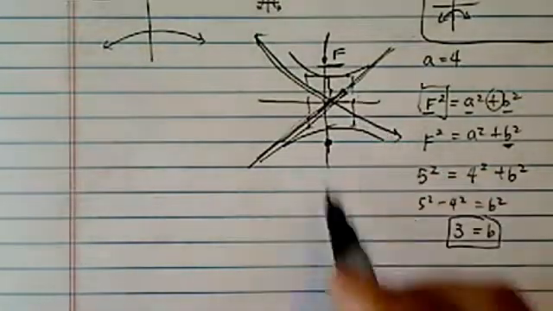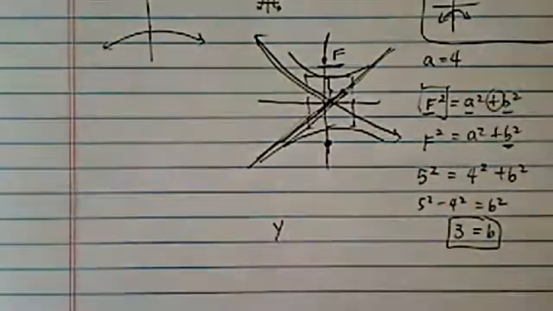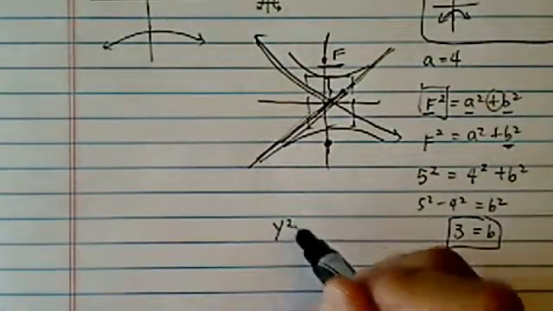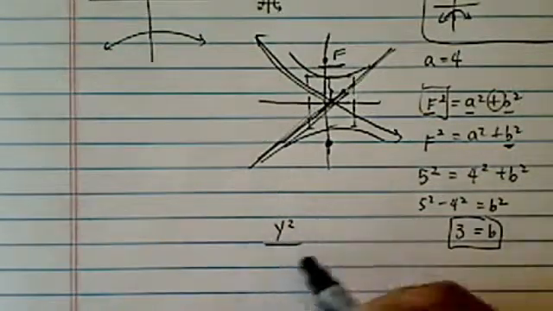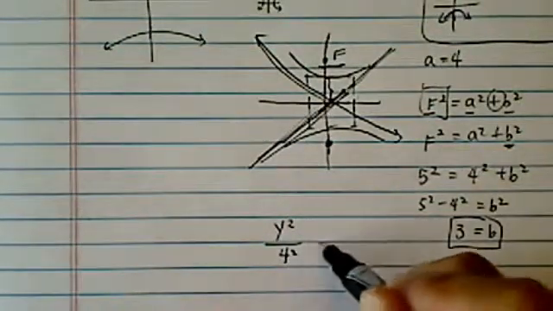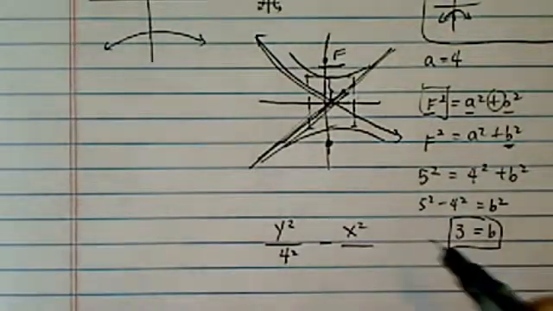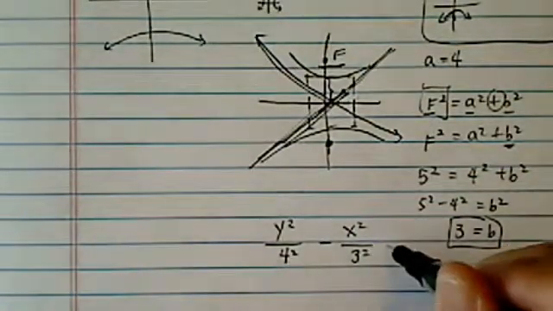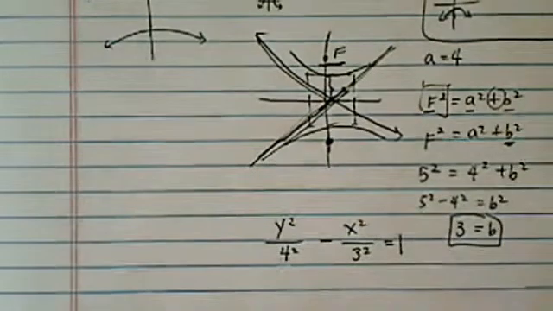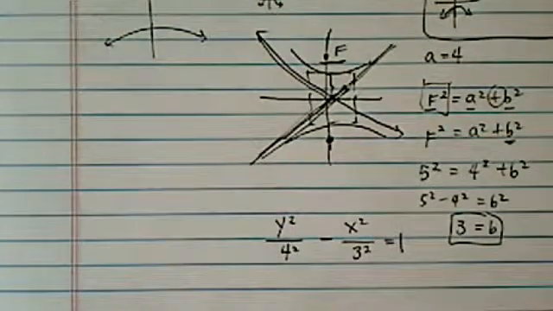Okay, so now we have all the pieces we need, and we know it's a y curve, so y goes first. y squared divided by 4 squared minus x squared divided by b squared, which is 3 squared, is equal to 1. All right, and that's how we handle this.